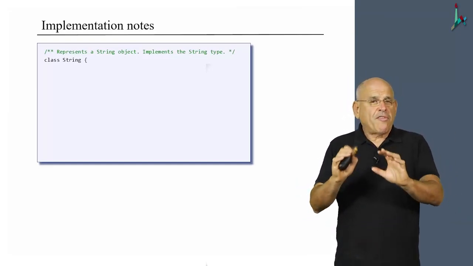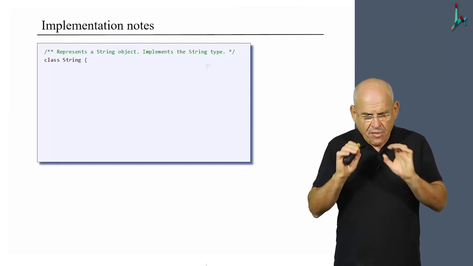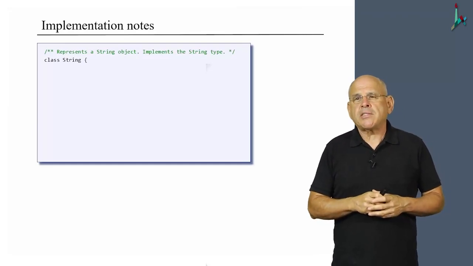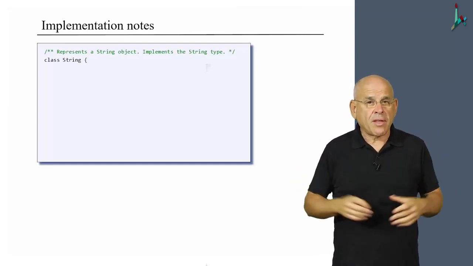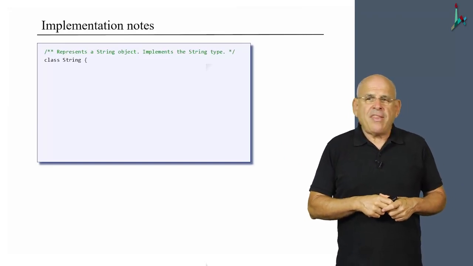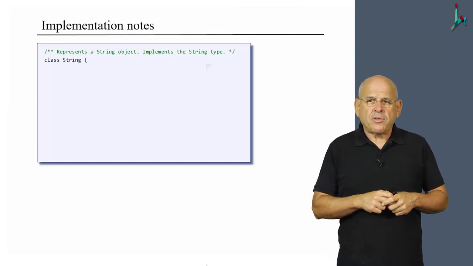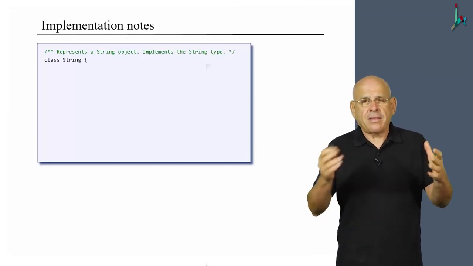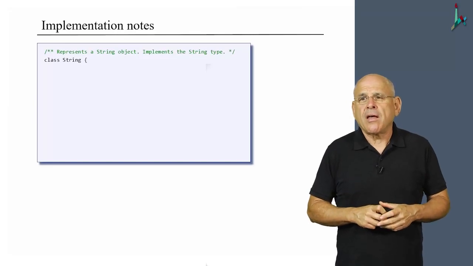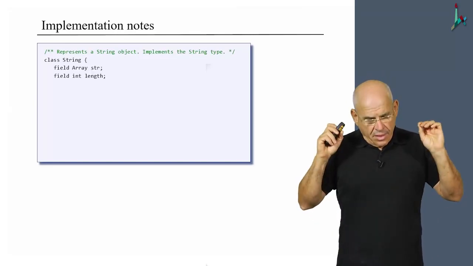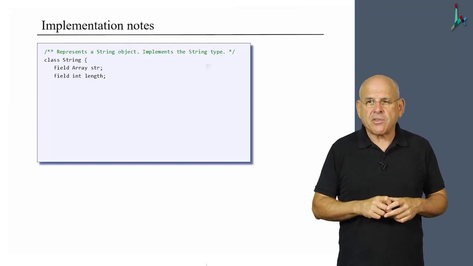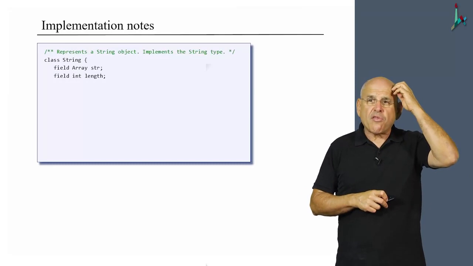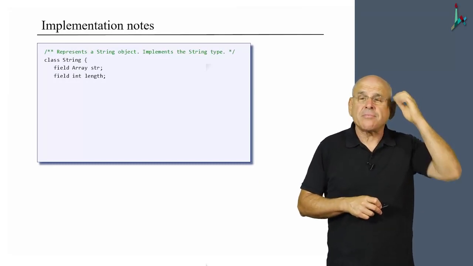And so one field of the string object, one property of the string object, is going to be the array that contains all the data of this string. And the other field which makes sense to implement is the length, the actual length of this string, which varies from one point to another throughout the string's life cycle.